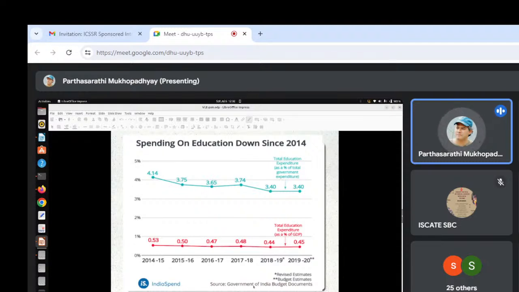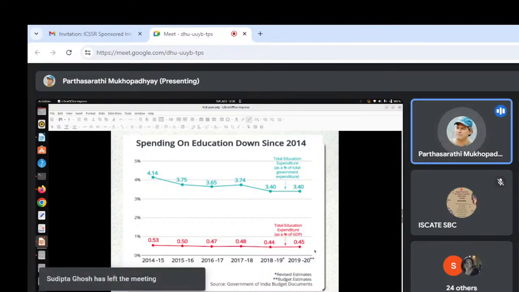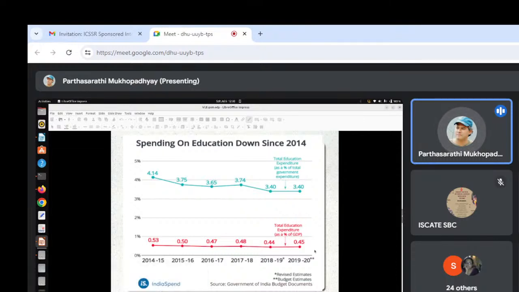And it's a matter of great shame that in the post-independence era, no government even spent 1% of its GDP on education. Our military expenditure is increasing every year. It is now 5 to 6% of the GDP.